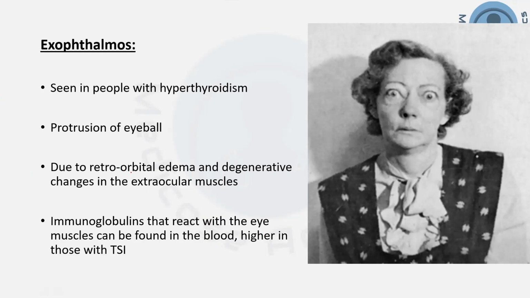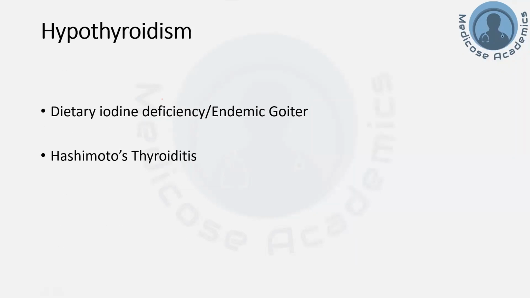This retroorbital edema occurs because there are certain immunoglobulins, apart from the TSIs, which are formed in Graves' disease that react with the eye muscles and these retroorbital tissues, causing inflammation of them. So this is how retroorbital edema and degenerative changes in the extraocular muscles can occur, and this is going to cause the exophthalmos.